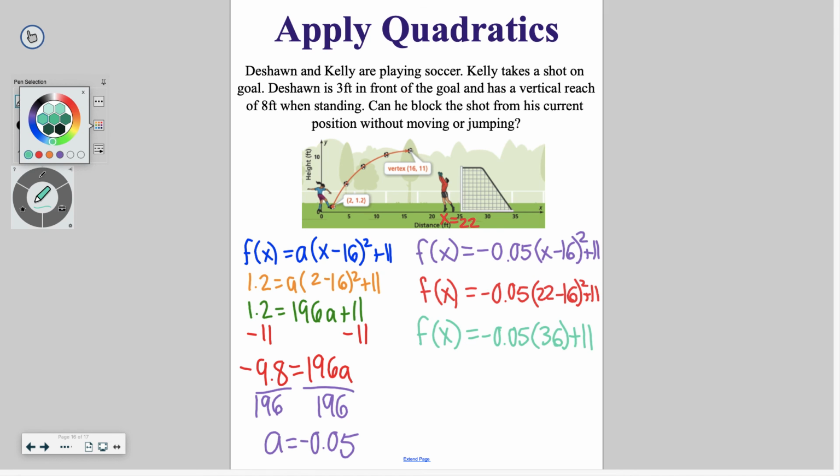When I do 36 times negative 0.05, I end up with f of x is equal to negative 1.8 plus 11. And when I add 11 to that, I get a final answer of f of x is equal to 9.2 feet.